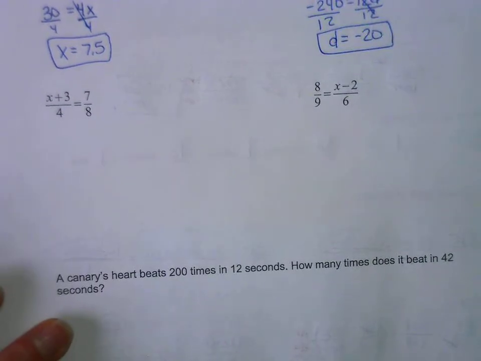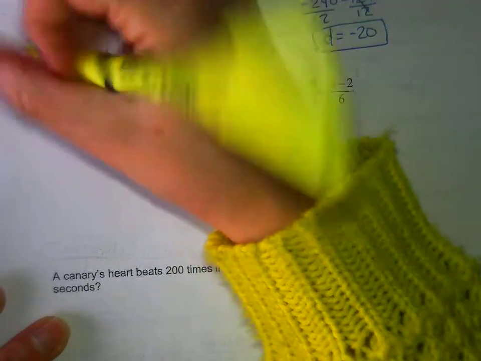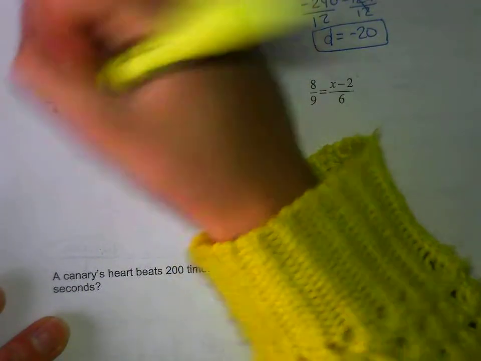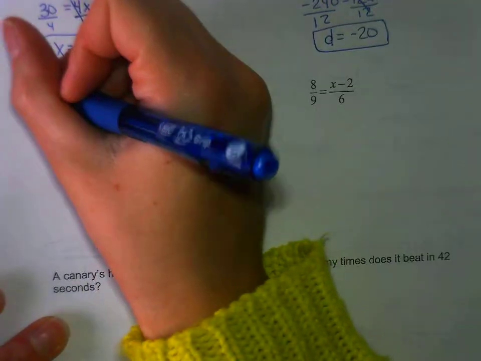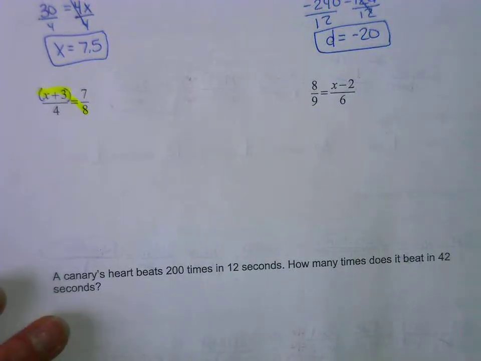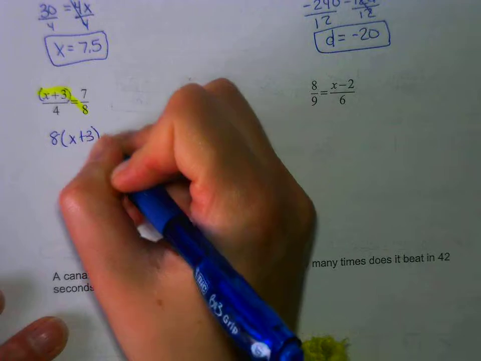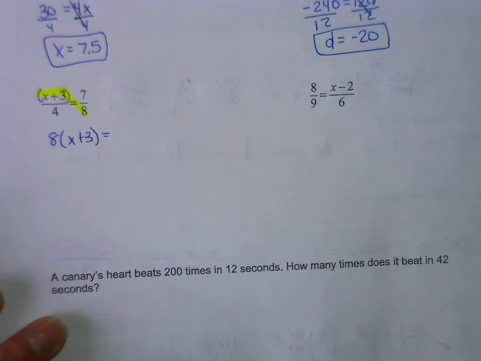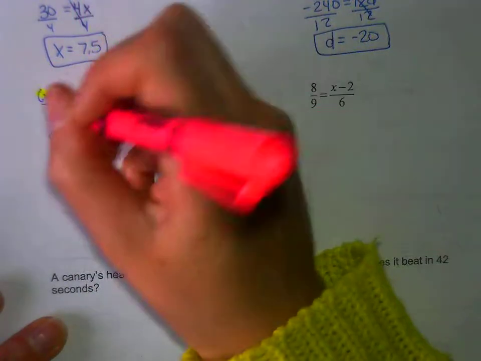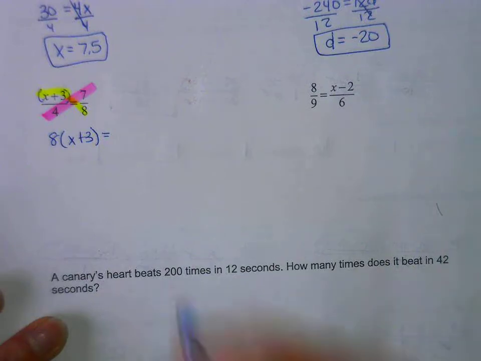Next, I am going to multiply 8 times the quantity of x plus 3. So what that means is x plus 3 is a group. So I have 8 times my group of x plus 3. And then I'm going to cross multiply the other direction, which is 4 times 7.